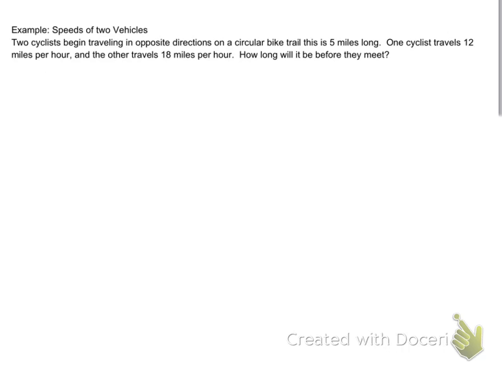Now, here's a really cool thing. The distance between both of them added together is going to equal that 5 miles. Can you guys agree with that? So, would you also agree that each one has their own rate and time involved?